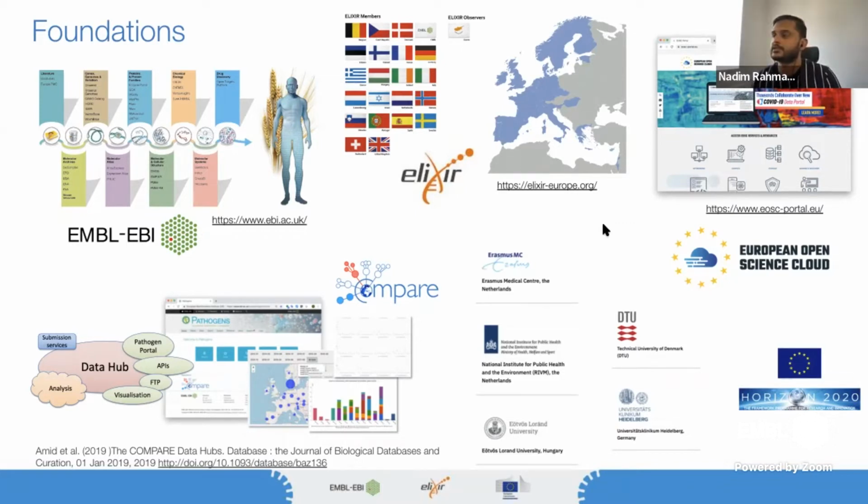And this enabled us to find and understand more about the national sequencing efforts within Elixir member states, and not only that, exchange knowledge around tools, data sharing, and so on. The bottom here are our collaborators from other pathogen projects.